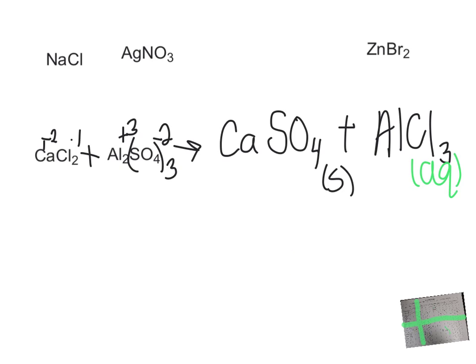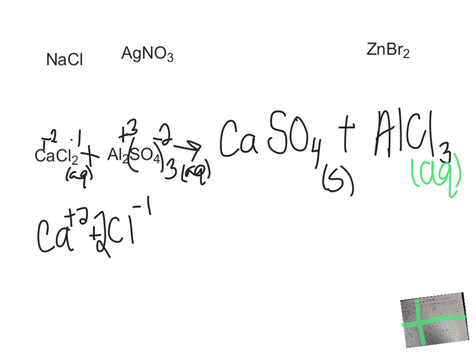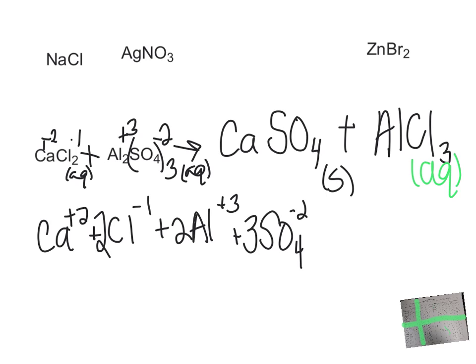So now let's do our complete ionic. So we're going to break all these guys down into their ions. If it's an aqueous, break it down; if it's solid, remember we don't break it down. So calcium plus 2 plus chlorine minus 1, but we've got 2 of them, so that coefficient comes out in front, plus aluminum plus 3, and we've got 2 of those, plus our SO4, we've got 3, he's got a charge of minus 2.